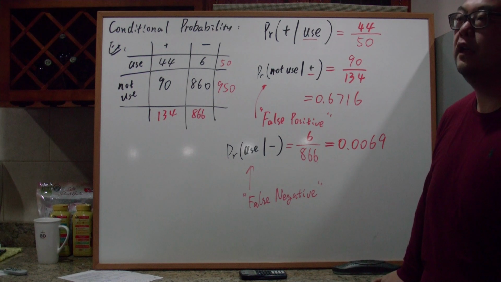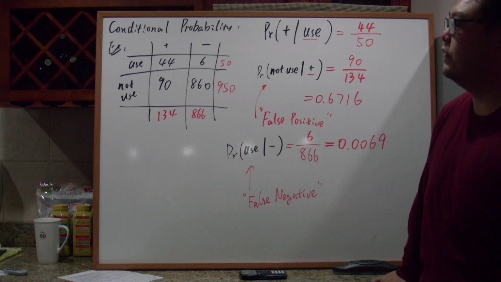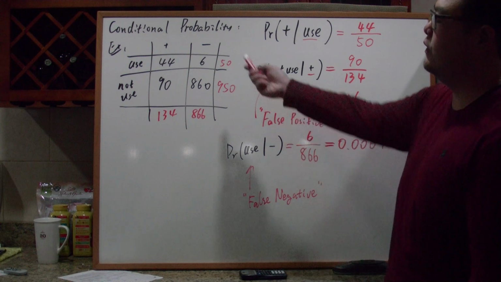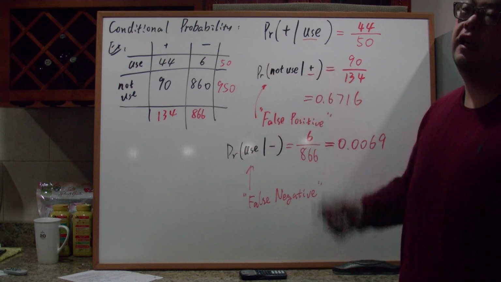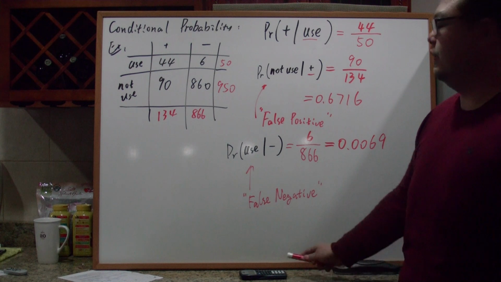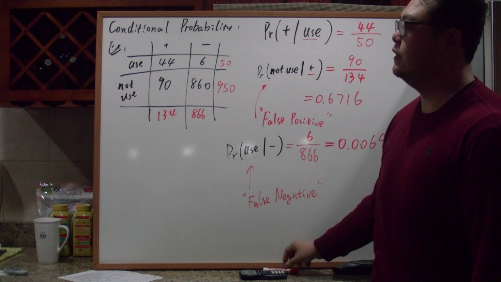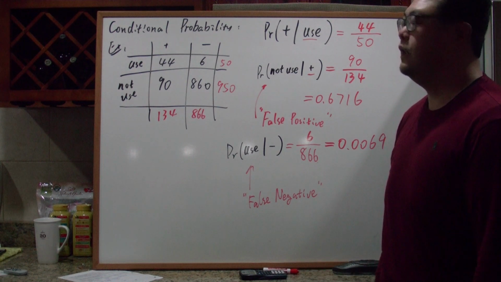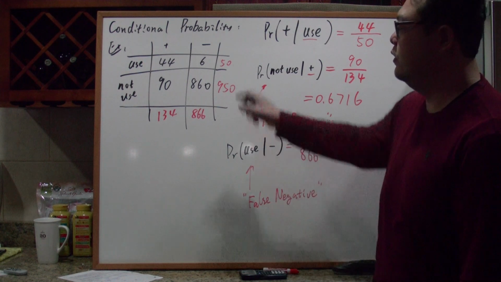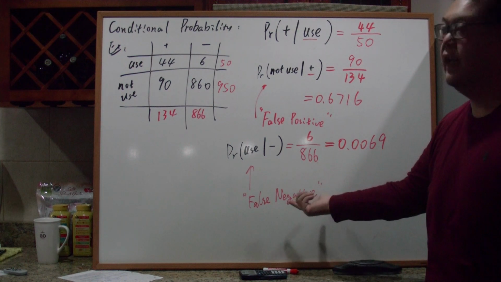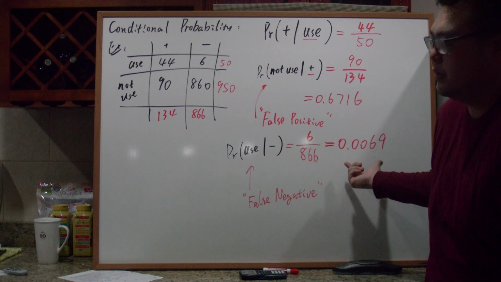Like right now with the virus, if someone tests out to have a negative result, most likely they are not doing anything about it. But if the person is actually carrying the virus, then it will be very, very dangerous. So what they try to do is make this false negative test result very, very small.